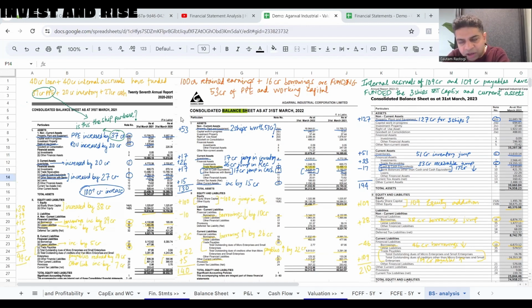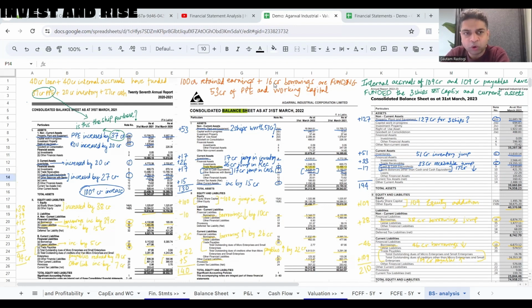Okay. If I go back 2 years, okay, the first conclusion, summary is they took some loan, they took some udhari from the bank, plus they used some of their own money, internal accruals, to fund some ships, okay, and to fund some inventory. Okay, that's the headline. And then next year, okay, they made higher profits, which they use, that is retained earnings, internal accruals, jo bhi bol lo.